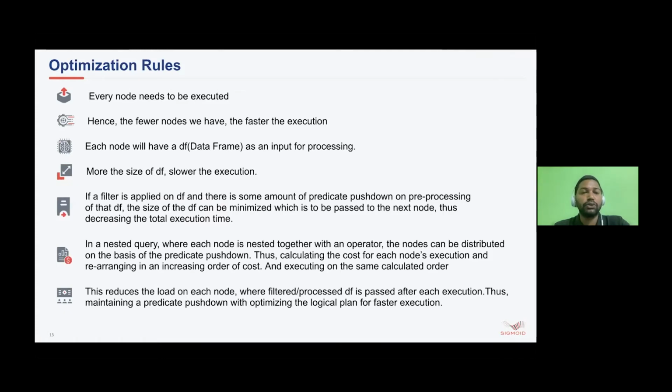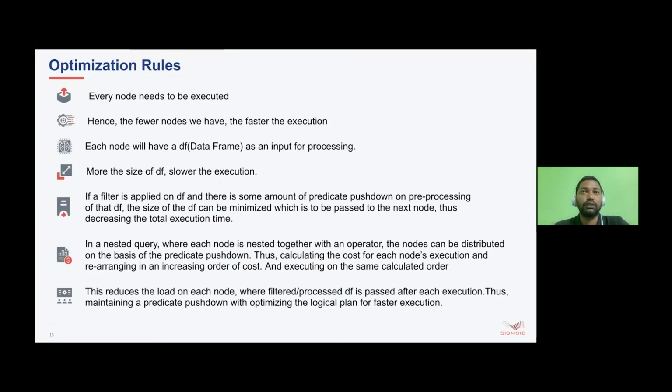So talking about the rules that we applied for this optimization. Whenever we have some query, each subquery out there is a node, so each node needs to be processed. Whenever there are fewer nodes, it will take less time and fewer resources.